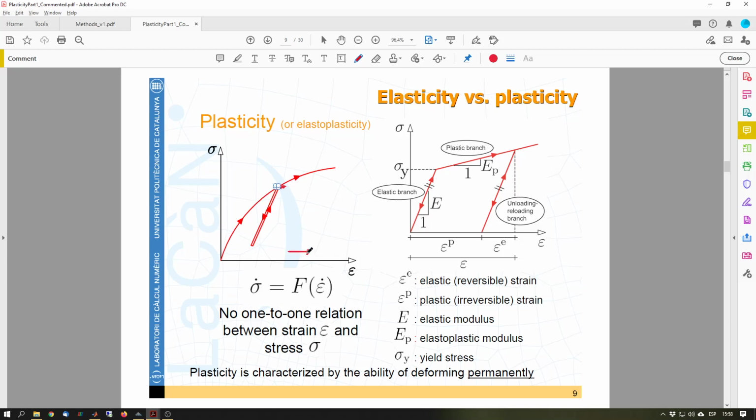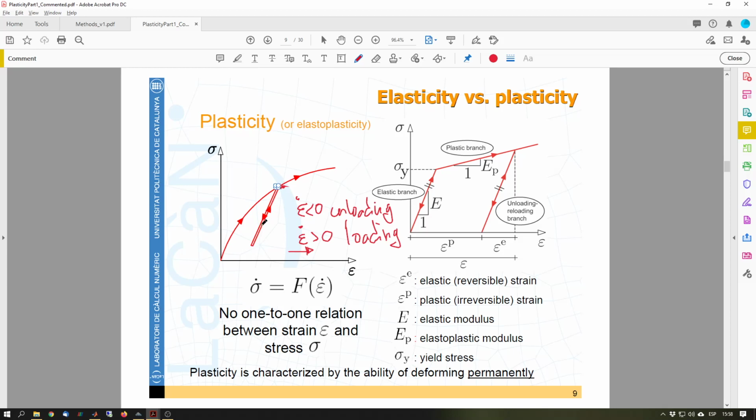Loading means going through epsilon larger than 0, and that is my loading branch. If epsilon is lower than 0, that would be unloading. So I don't go back through the same curve, but instead through a different curve.